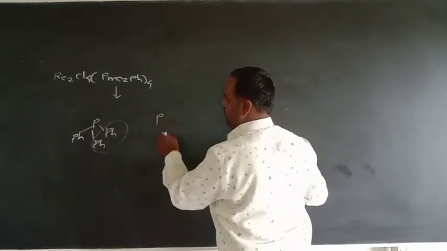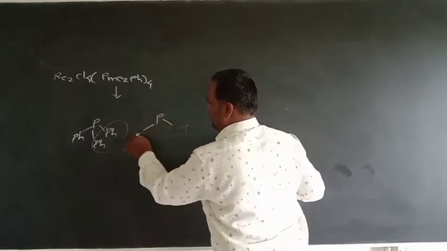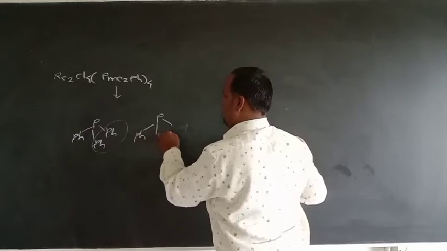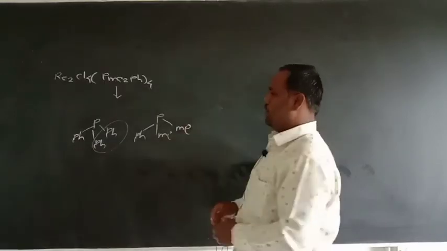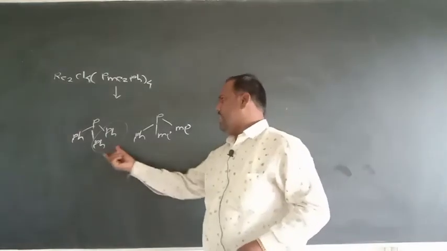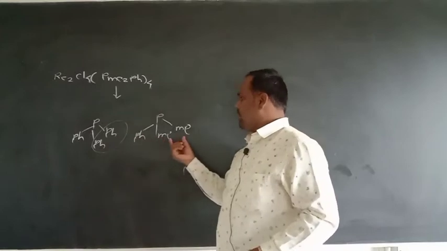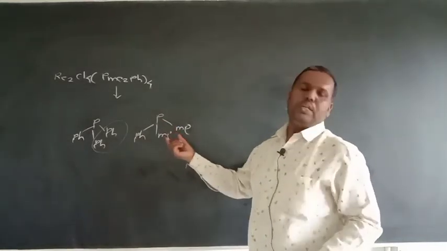So P, then Ph, Me and Me. PPh3 is a neutral ligand, and therefore this ligand, where 2 phenyl groups are replaced by methyl groups, is also considered a neutral ligand.